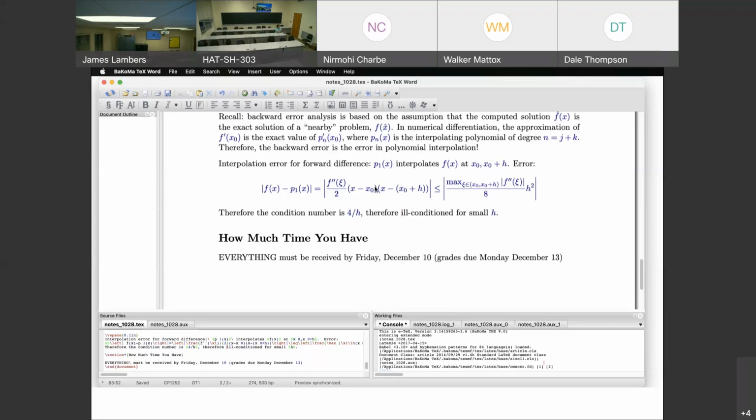Okay, so an example of a problem would be: given these points, like x naught plus or minus certain multiples of h, derive the finite difference formula using either Taylor expansion or Lagrange interpolation. I think one of the homework problems calls for both. And also, what is the error term? Yeah, so it's something like that.